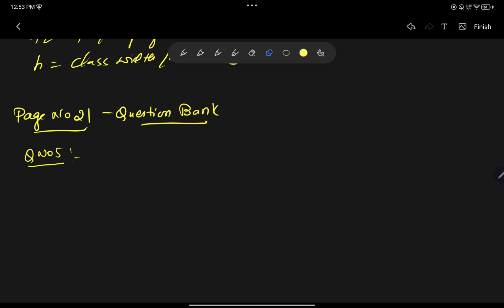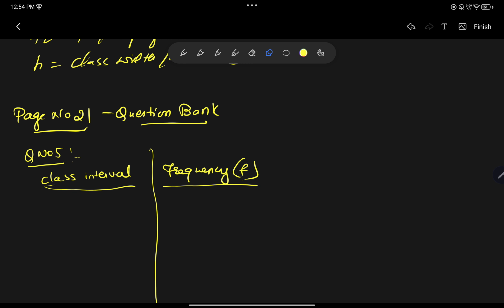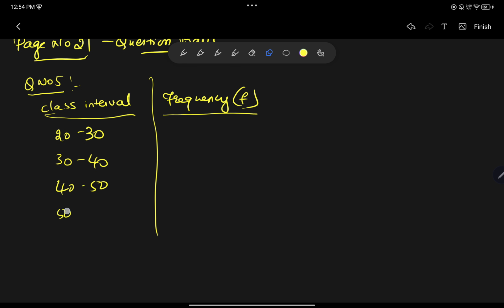Question number 5 gives a class interval and the frequency f. The class intervals are 20 to 30, 30 to 40, 40 to 50, 50 to 60, 60 to 70.